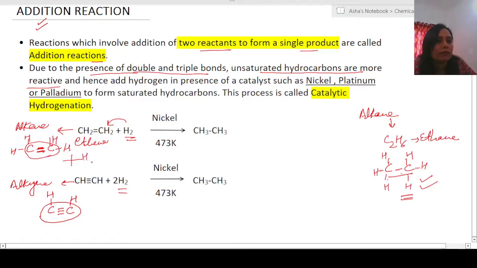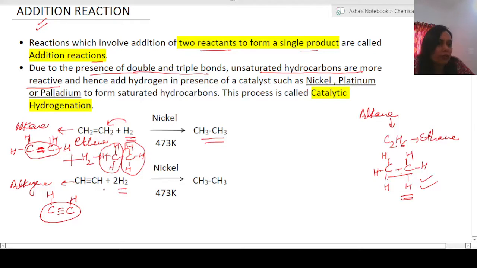Let us say this is H2 I am adding. Quickly it will accept these two H, one will go to this one and one to this one, and they will retain their previous hydrogen atoms around them. They will change to CH3, this is CH3 and this is also CH3. They will quickly accept the incoming H2 because they also want to become like an alkane. They also want to become stress free.